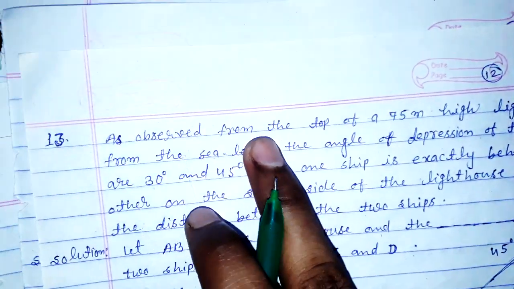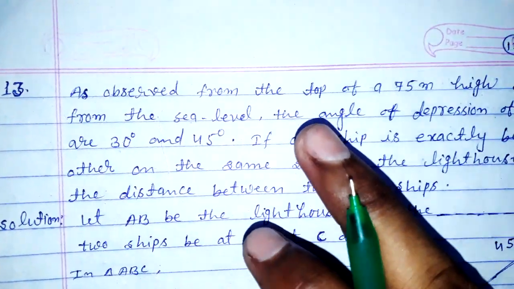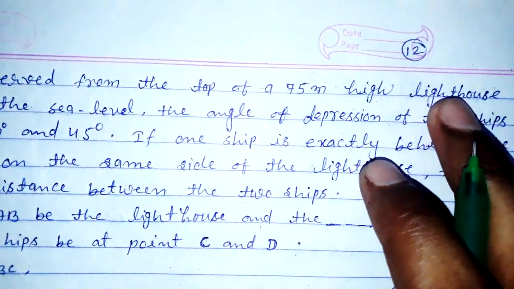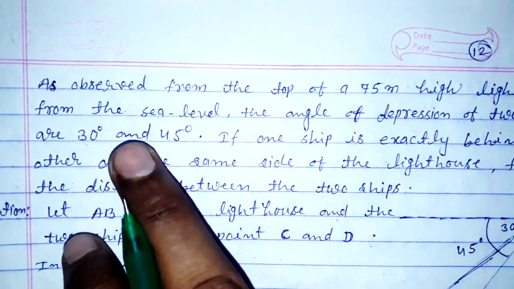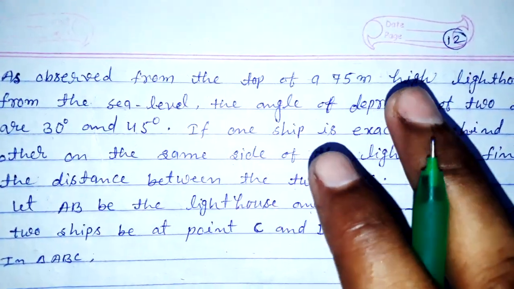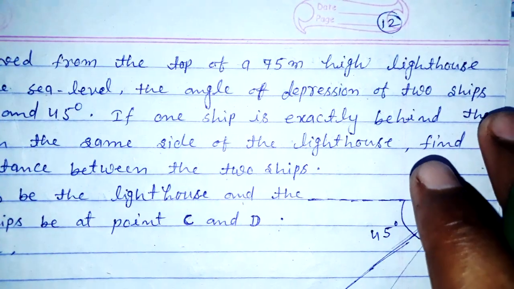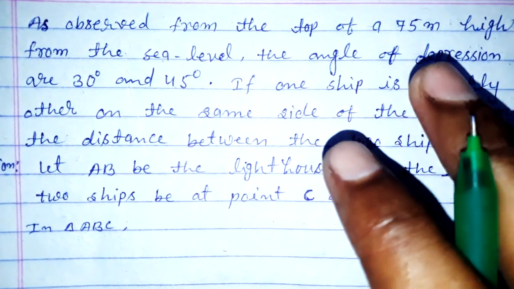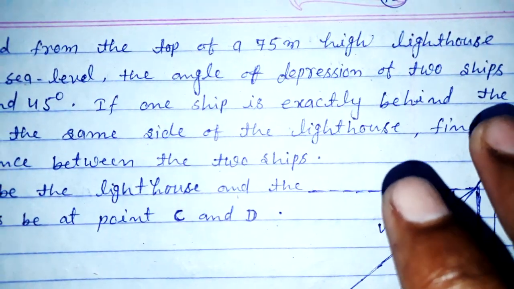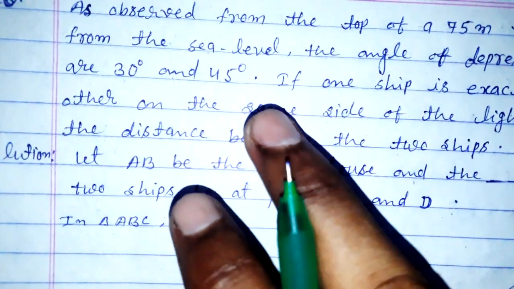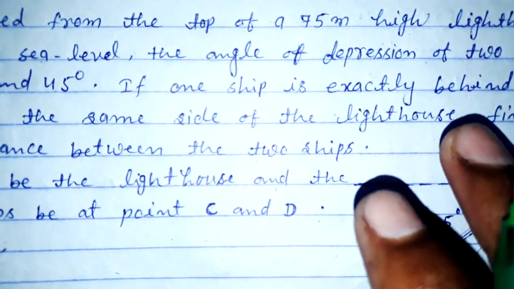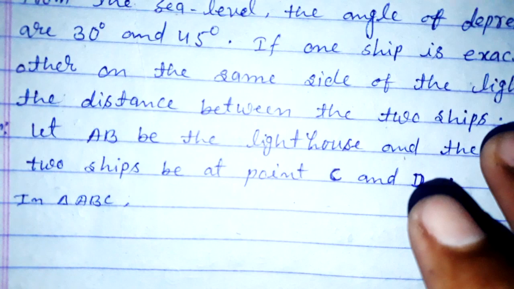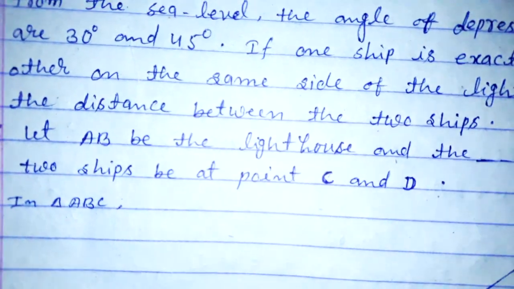Again, question 13. The 13th question is: as observed from the top of a 75 meter high lighthouse from the sea level, the angles of depression of two ships are 30 degrees and 45 degrees. If one ship is exactly behind the other on the same side of the lighthouse, find the distance between the two ships.